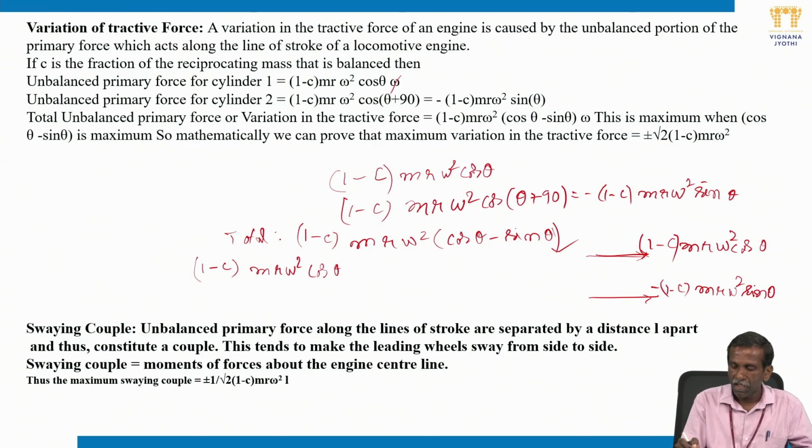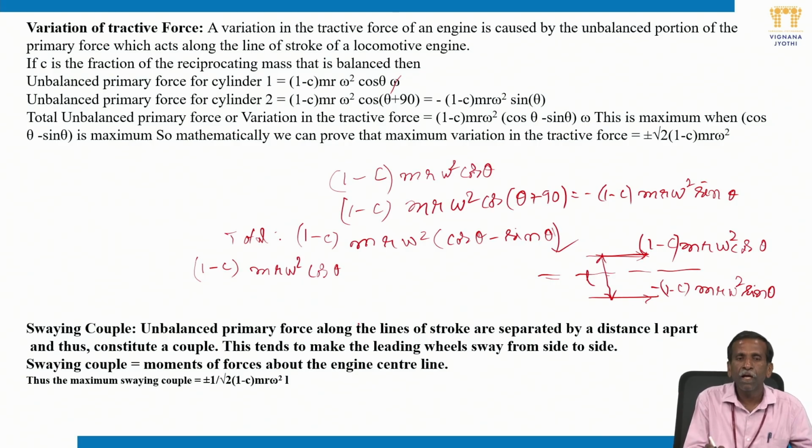Then along the center line of the engine, if you take moments, let the central distance between the cylinders be L. Then you can write the moment about the center line: (1 minus C) m r omega square cos theta into L by 2, clockwise. Similarly, it is minus of (1 minus C) m r omega square sin theta into L by 2.